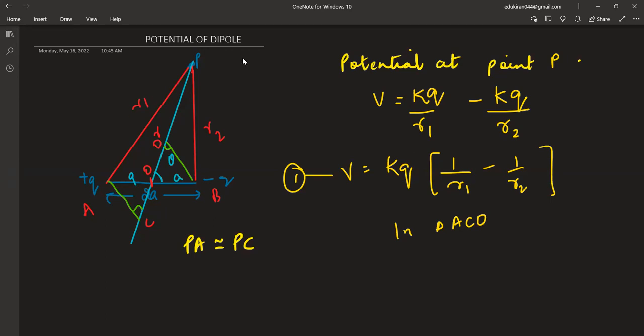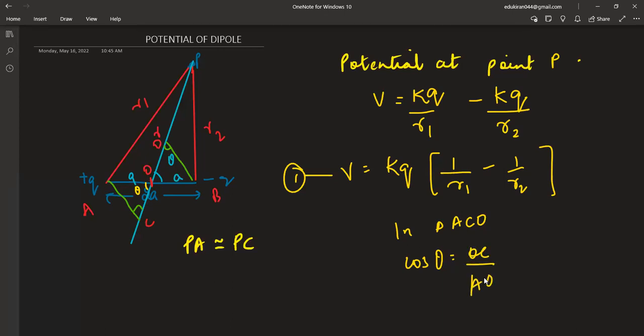Now see, please pay attention, class. When we come to this triangle ACO, this smaller triangle ACO, if I talk about cos theta, this is theta, so this will also become theta. Cos theta becomes base by hypotenuse, that is CO divided by AO.